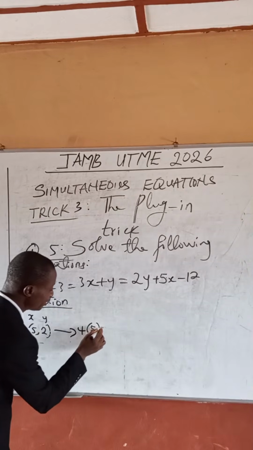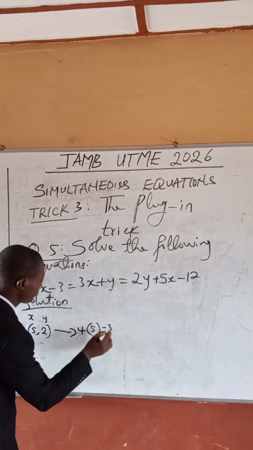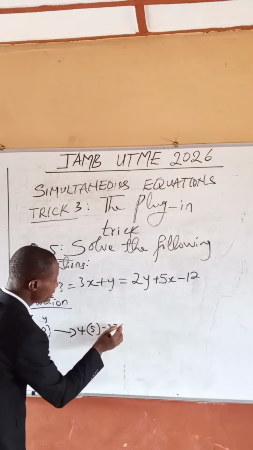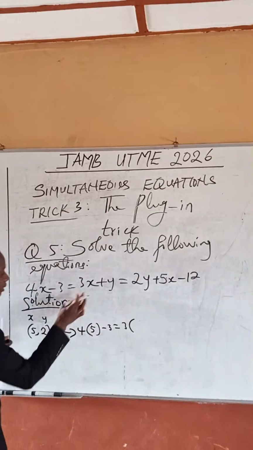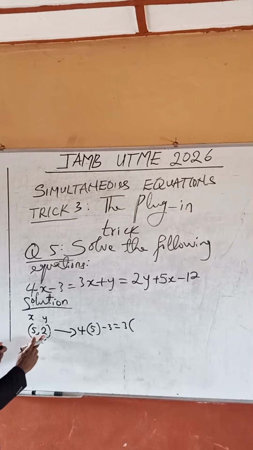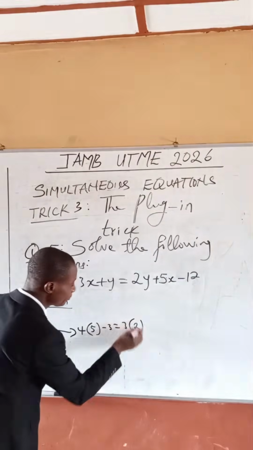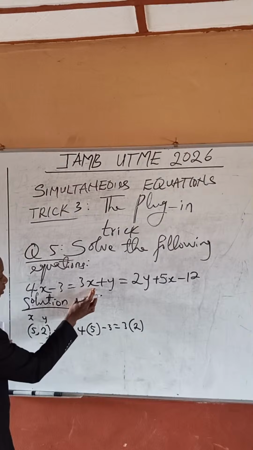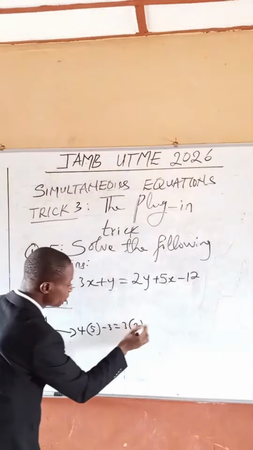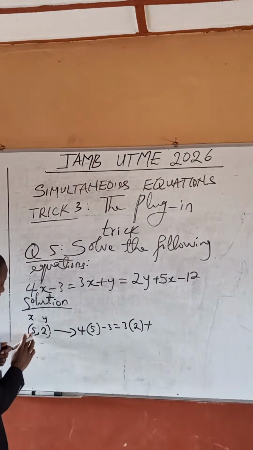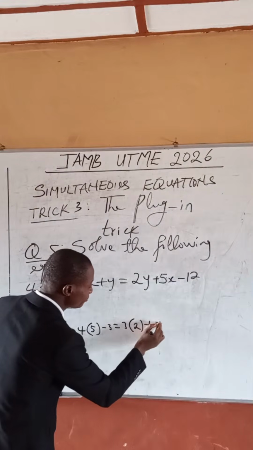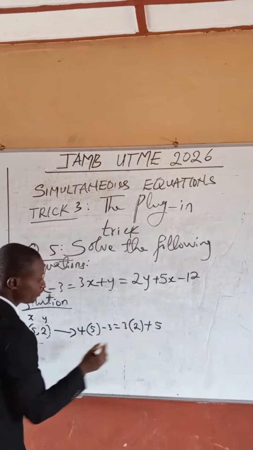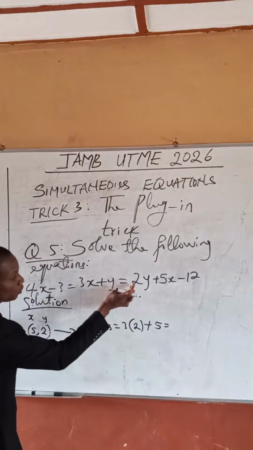Then minus 3, right? Then equals 3 brackets. What is X? X is 2. Don't forget that. We are plugging in. That's 2 plus, what is Y? Y is 5. Equals to 2.